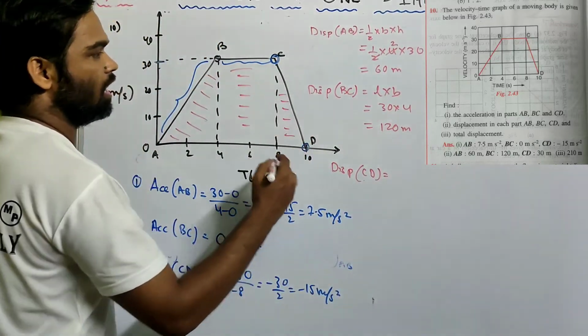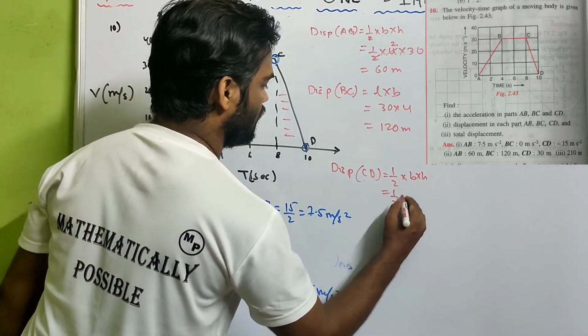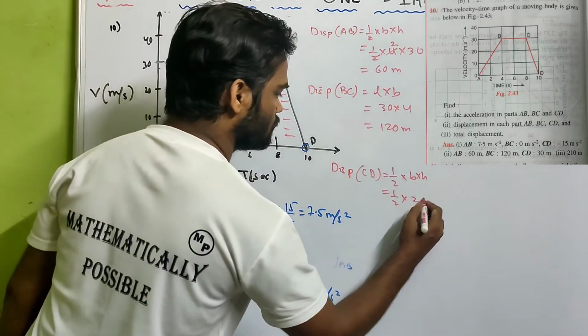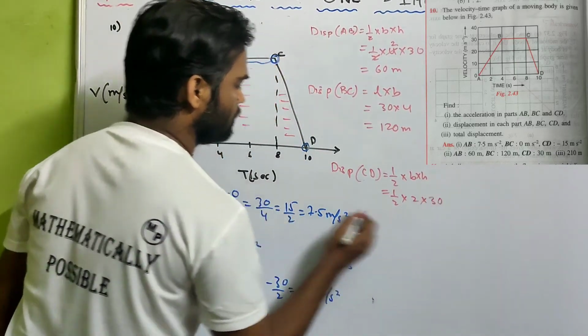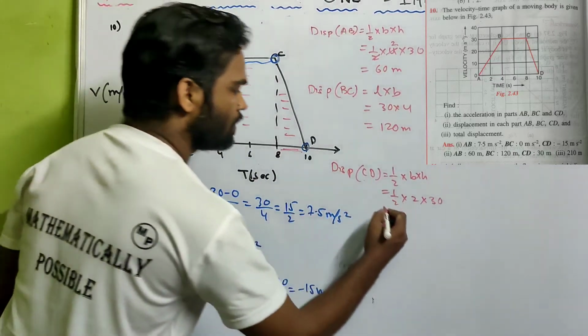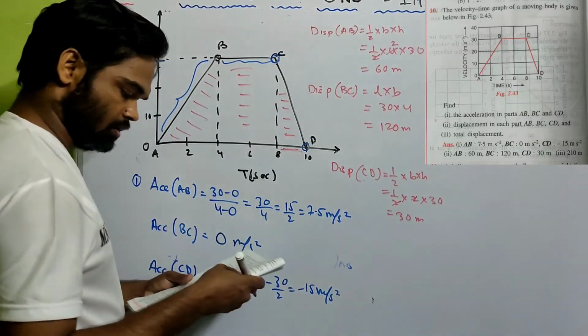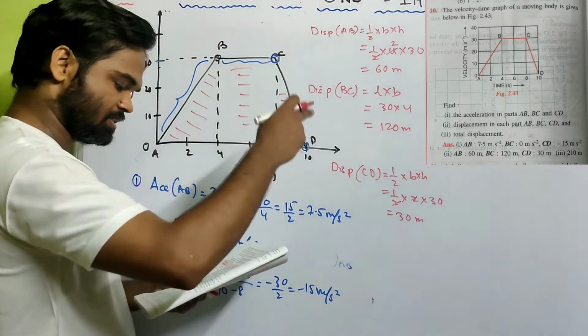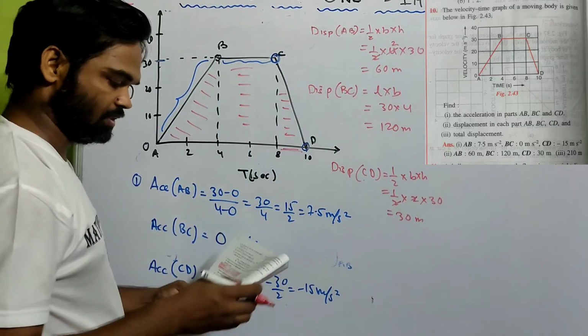Again, half into base into height. That's half into base is 2, and height is 30. Base is this, 10 minus 8. That's 30 meter. For AB is 60 meter, for BC is 120, and for CD is 30 meter.